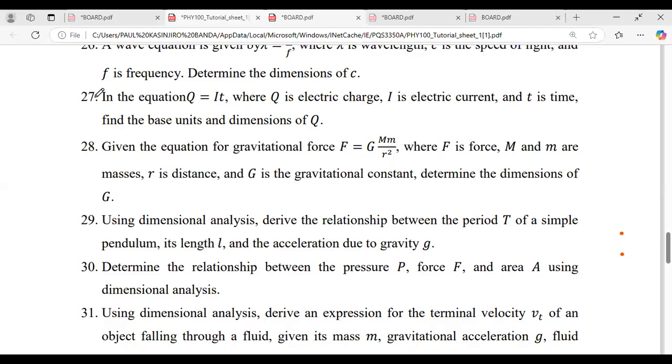Remember when we were doing chemistry yesterday, I showed you what we call the SI units. You have 7 of the SI units. When you're dealing with dimensional analysis, the most encountered SI units are time, mass, and length.